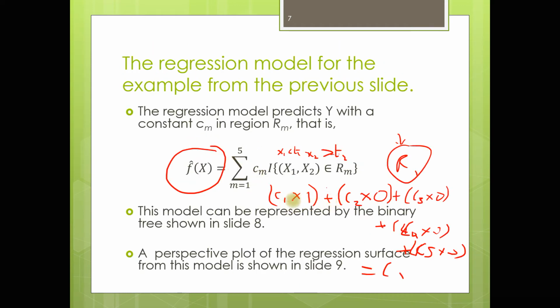So what is going to happen? It's going to be C1 multiplied by 0 this time, plus, but it belongs to region 2, so it will be C2 multiplied by 1, plus, it does not belong to region 3, so it is multiplied by 0, and it goes on. In the end, you will get only C2. So that is what is happening.